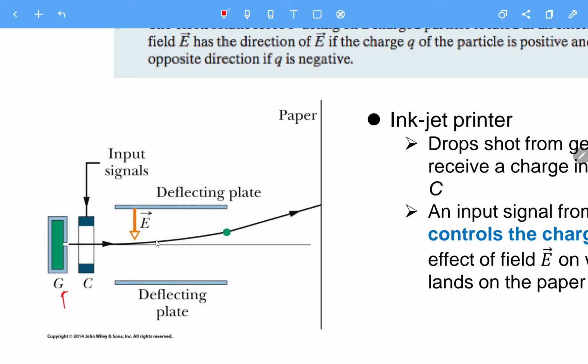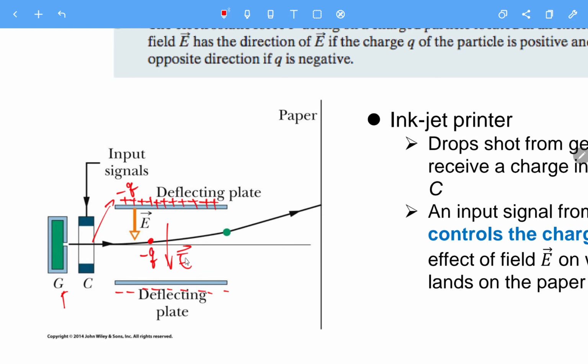Suppose it has a charge negative Q, and suppose this is a parallel plate with plus, plus, plus on one plate and minus, minus, minus on the other, positive charge and negative charge. So there will be an E field pointing downward in this region. Suppose the ink goes here. It has a negative charge, negative Q.